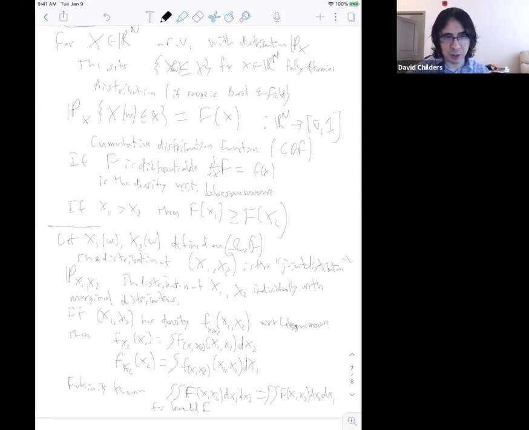That's true of Riemann integrals. It turns out it's also true under some finiteness conditions for Lebesgue integrals.